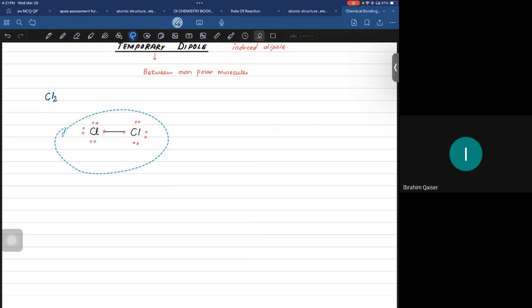This is one molecule of chlorine, and this is another molecule of chlorine. Now they are individual, so I can say they are non-polar.